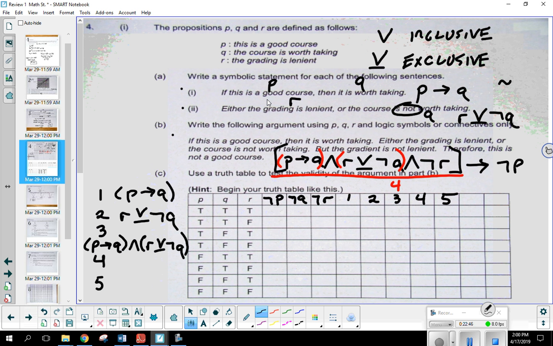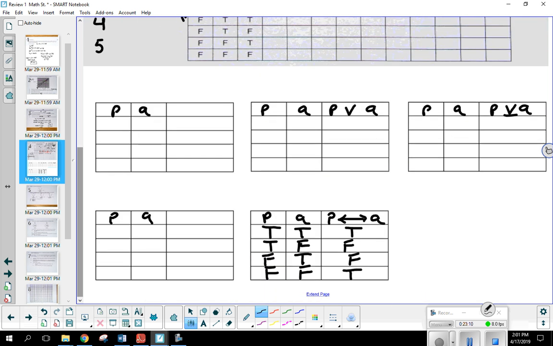Does that sound familiar? Okay. So what you do is you take 2 and you raise it to the number of propositions. That tells you how many rows you're going to have. So for example, if I only had 2 propositions, P and Q, then my table would only have 4 rows, 2 squared.